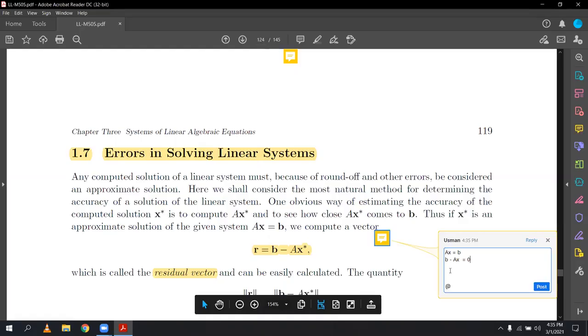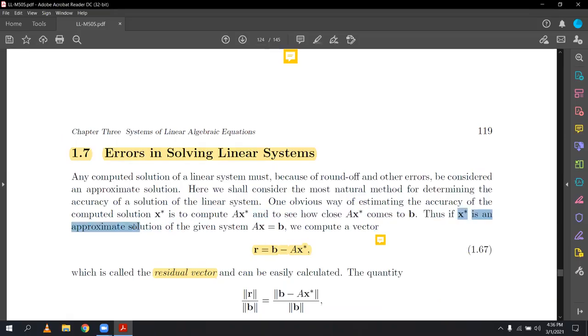So now if you compare this vector and this equation, they are exactly the same. We have a minus here, we have A here, and here we have X star, which we call the approximate solution.